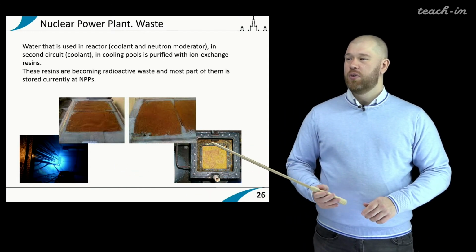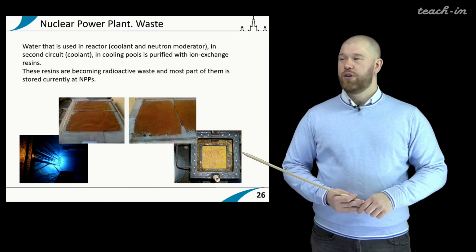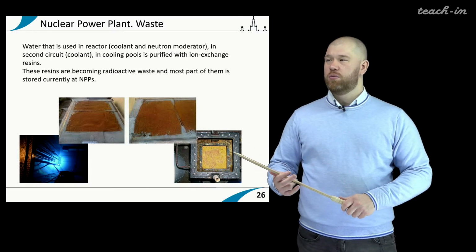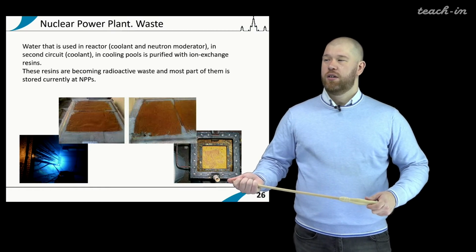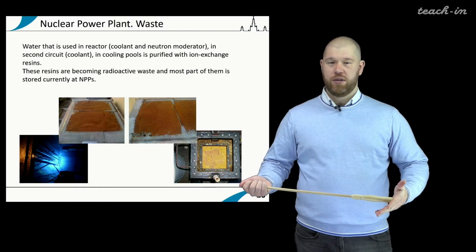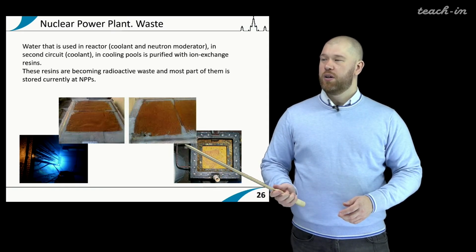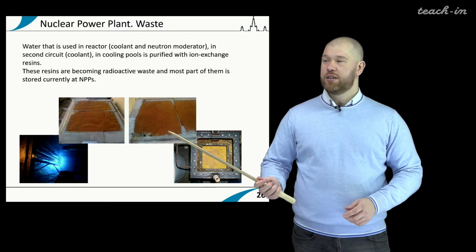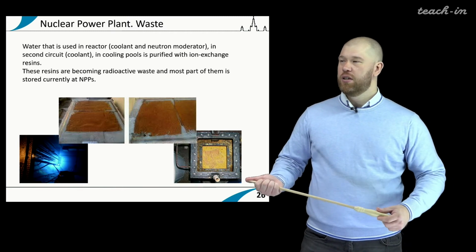And these resins are used to sorb the radionuclides that can be released in these water solutions, and thus the water itself is very clean, but we produce the radioactive waste in the form of these resins that should further be immobilized.